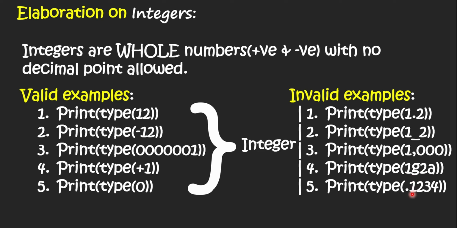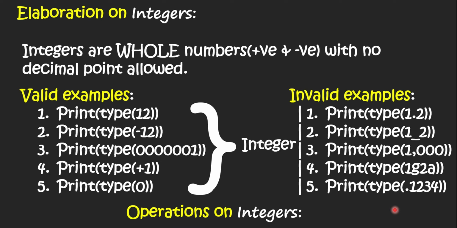Dot 1 2 3 4 is not an integer, and it is also not a float, because in front of the decimal point there is nothing. There should have been a 0 in front of it, then that would be a valid float, but it is not a valid integer. So anyways, let's move forward.